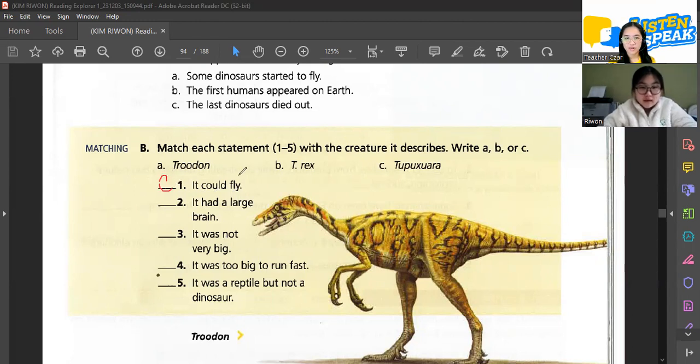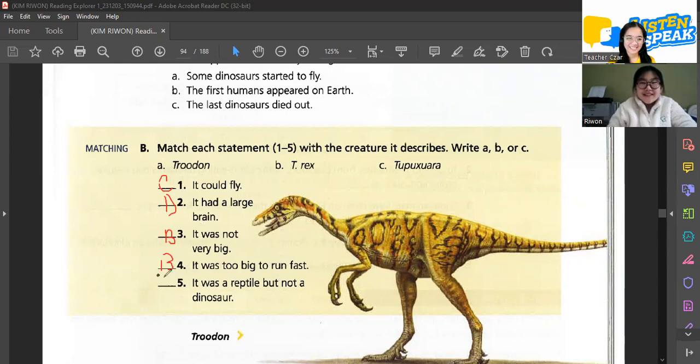It had a large brain. Troodon. Yes, that's why they are very intelligent. Number 3, it was very big. T-Rex. Okay. Number 4, it was too big to run fast. T-Rex.